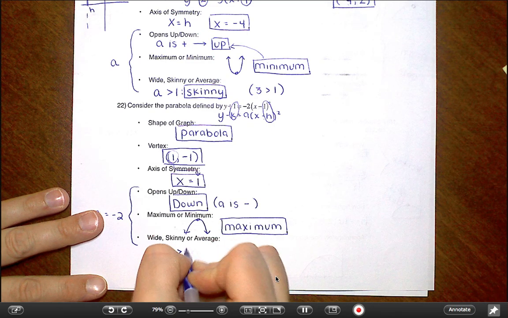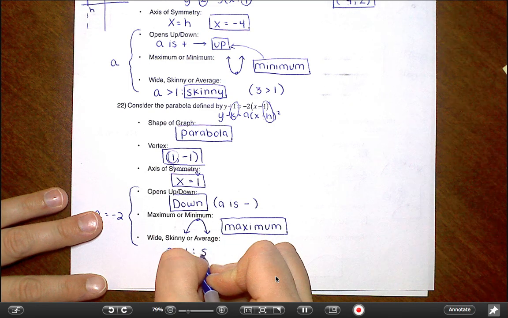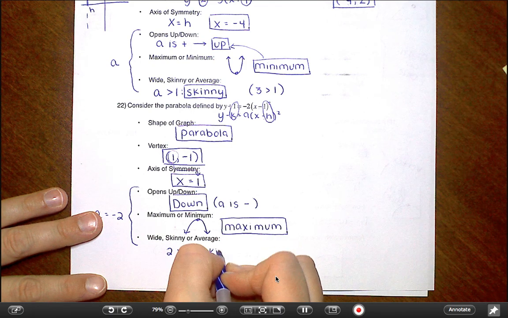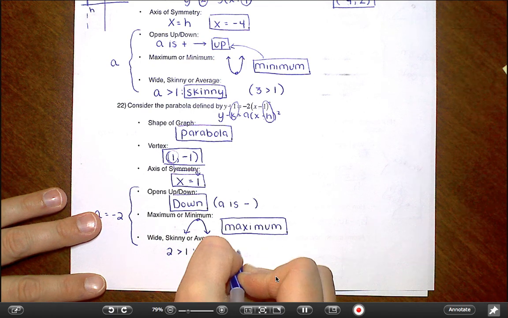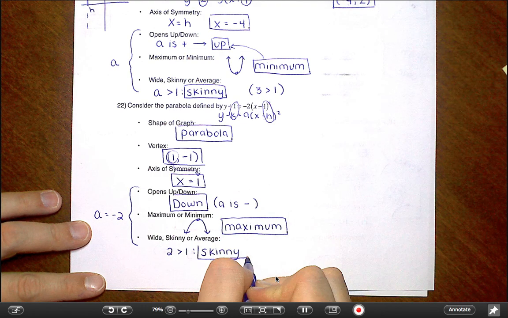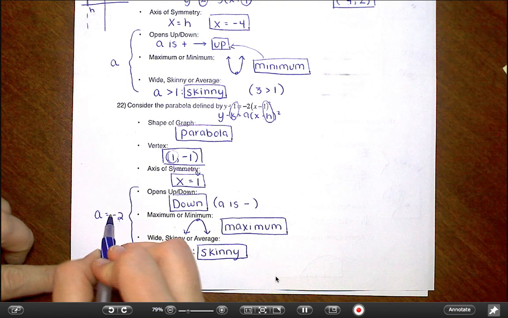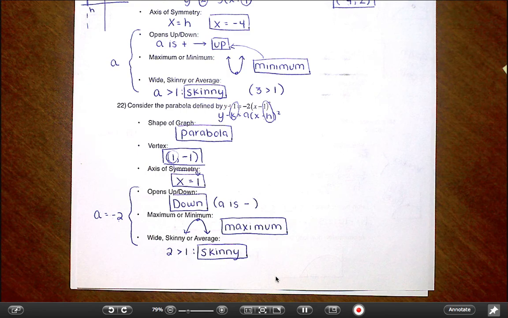And 2 is bigger than 1, that's going to make it skinnier. It just happens to be upside down. That's what the negative does. So it's skinny and upside down. Okay? So a lot of those you really don't have to do even any math for. It's really more just pulling that information out of the equation. Okay, we've got a few more like this to get through and then we are all set with this chapter.